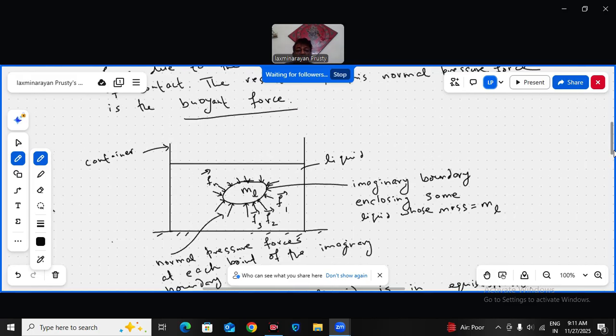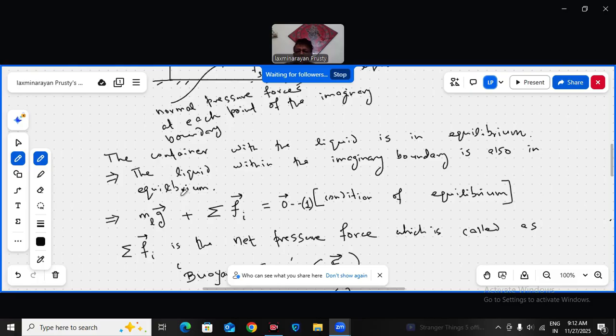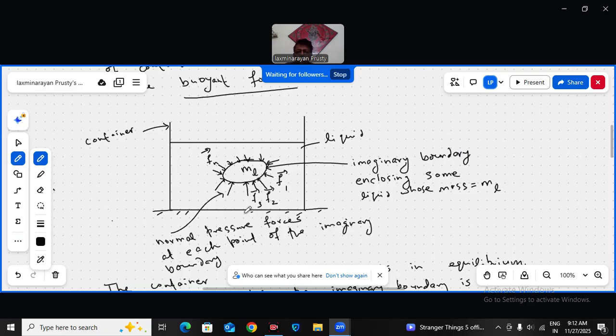Since it is in equilibrium, and the mass of the liquid enclosed within the imaginary boundary is ml, I have written this here. So from the condition of equilibrium, what are the forces acting on this? One is ml into g due to gravity, and the other forces are the vector sum of this F1, F2, F3, small f.